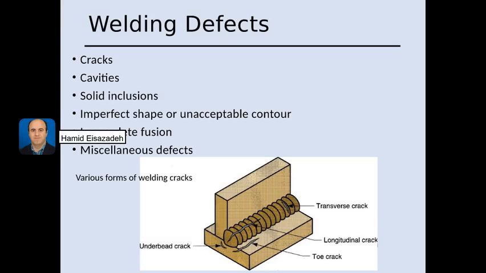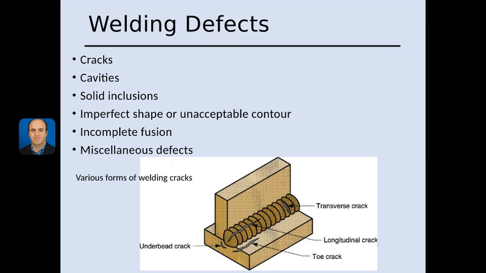Here are some of the welding defects, as you see in this picture. A welding defect is a discontinuity in the weld metal, and that significantly reduces the strength of the joints.